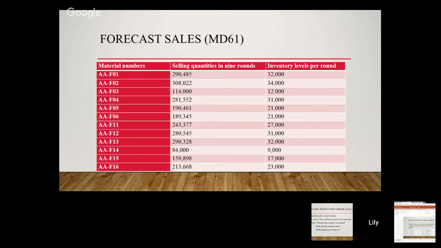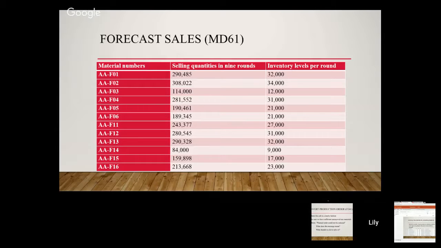However, there were some limitations that we could not enter these numbers in MD61 at the beginning. One of the limits was that the space for finished product was 250,000 boxes, or we would be cost $500 per day per additional 50,000 units.